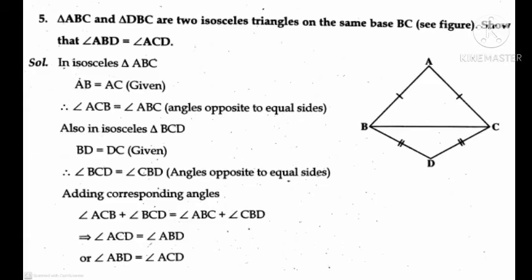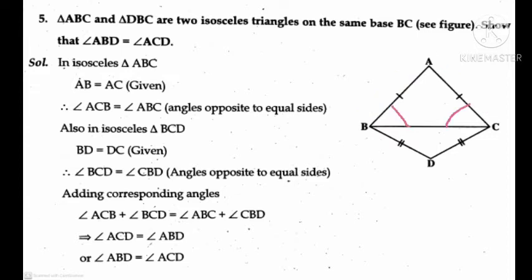Fifth question. Triangle ABC and triangle DBC are two isosceles triangles on the same base BC. See figure. Show that angle ABD is equal to angle ACD. Solution. In isosceles triangle ABC, AB is equal to AC.